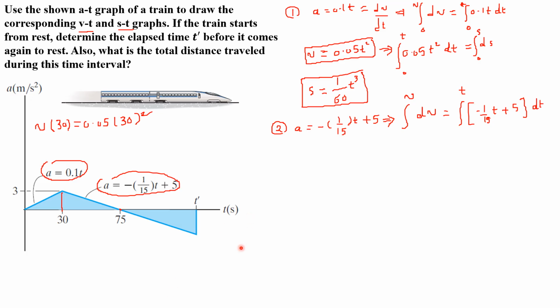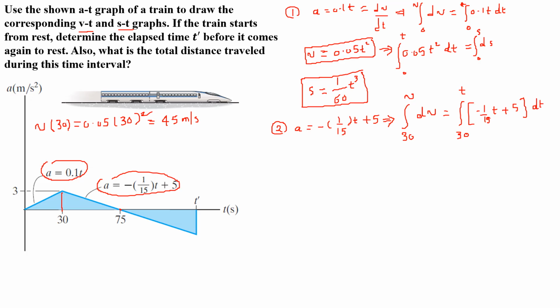So I'm simply replacing here. I got 45 meters per second. Okay, so that's the velocity here. So now that's my lower limit of the integral for the v. And for the time, of course, we are doing this from 30, because that's the time here.